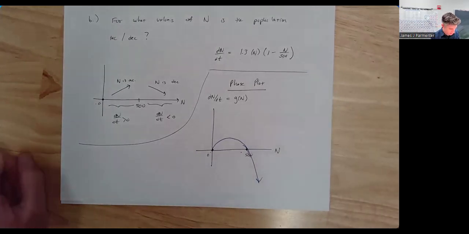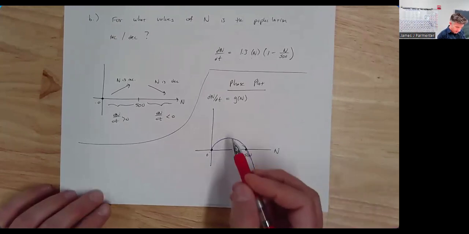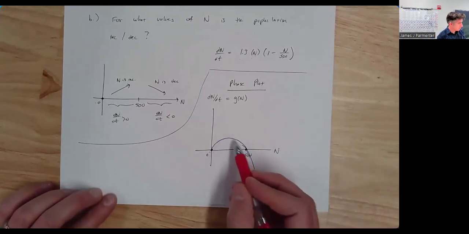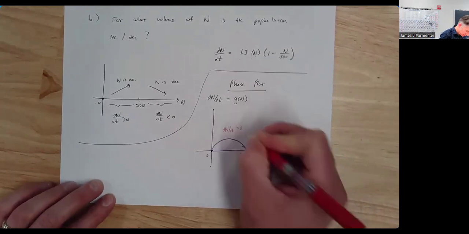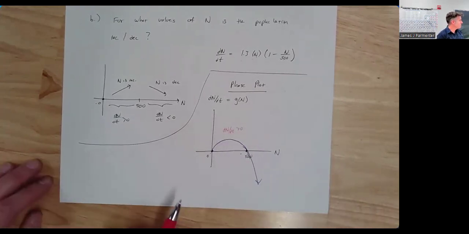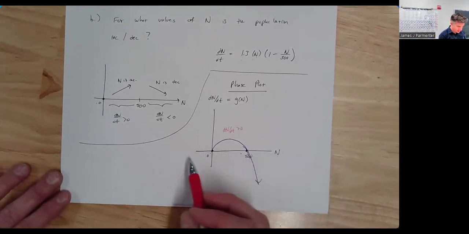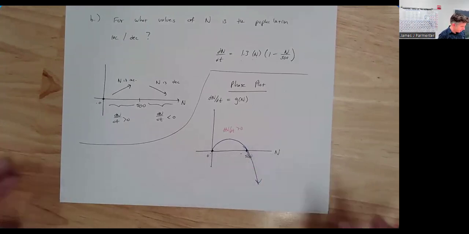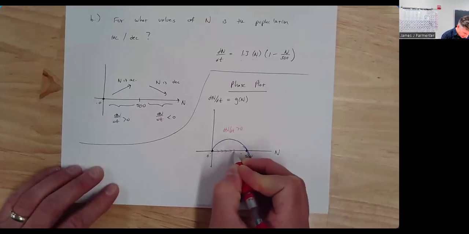So here's what I like to do. If dn dt is positive, so dn dt is certainly positive here, that means n is increasing. N is only living on the horizontal axis. So between 0 and 500, n increases.